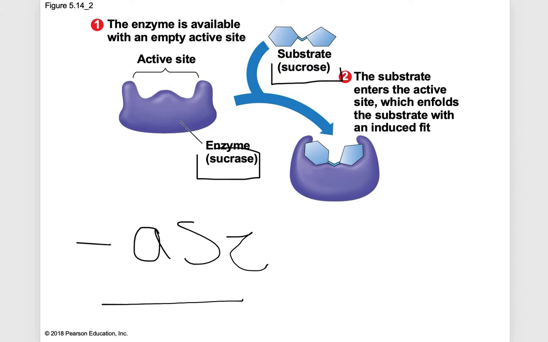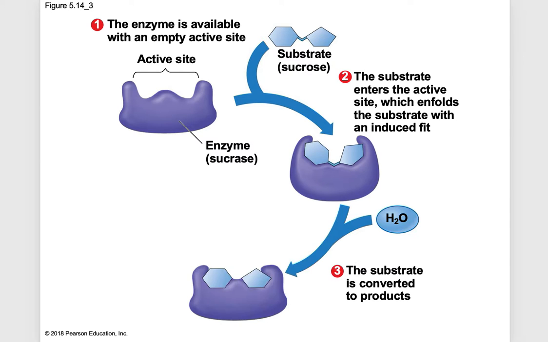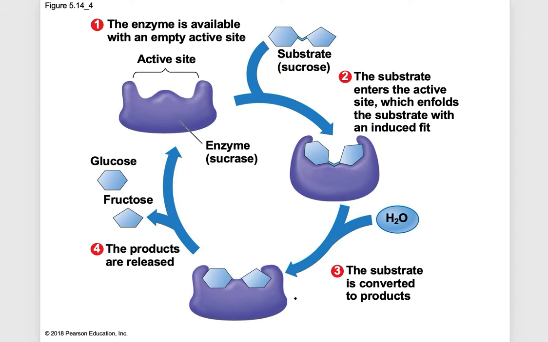It enters into our little active site. As the substrate is here, it is converted to products. So we have a chemical reaction occurring on the enzyme. After that chemical reaction occurs, the products are then released. So you have a glucose and a fructose.